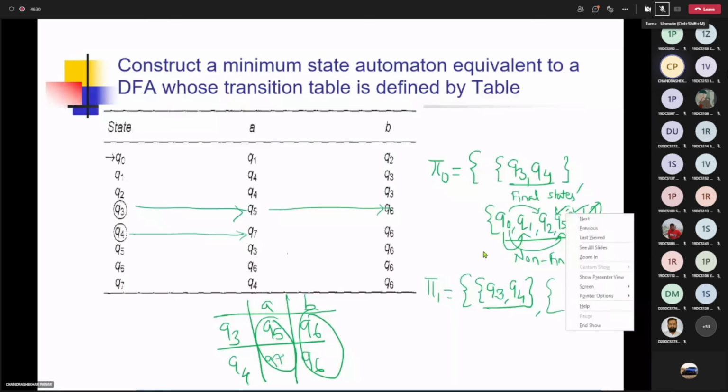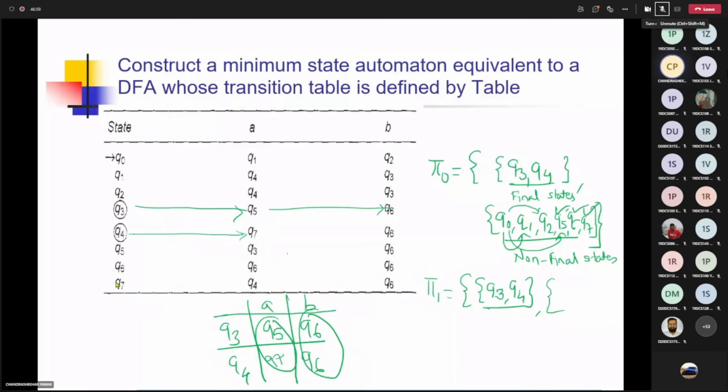So everyone agrees with this answer? So just tell me the value of pi 2 now. Or can anyone tell me how many states we are going to obtain in the end? Here a total of 8 states are given.